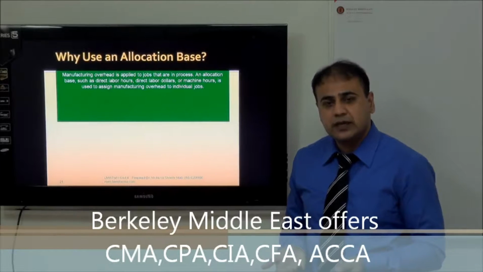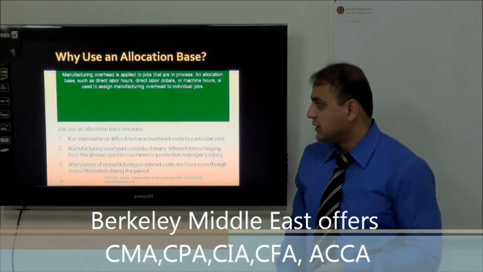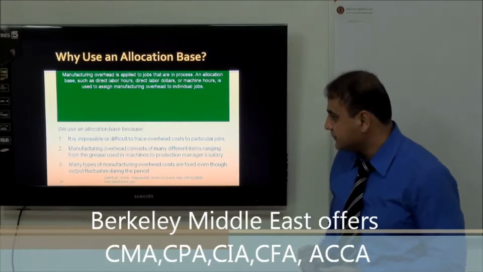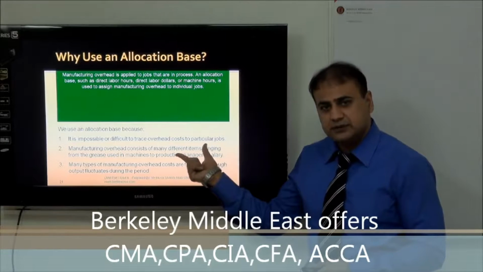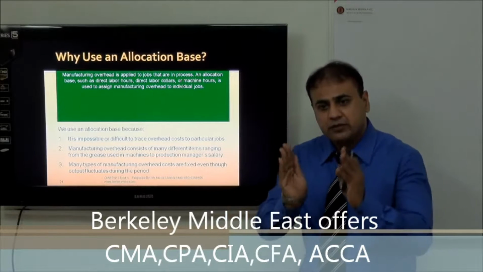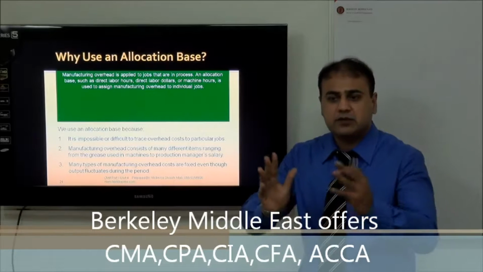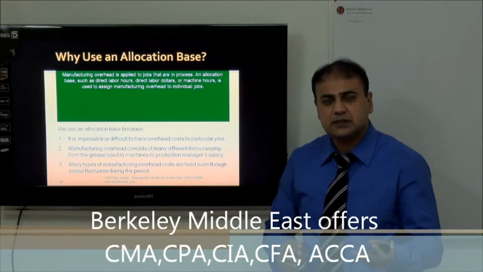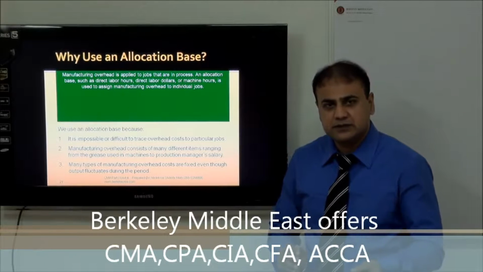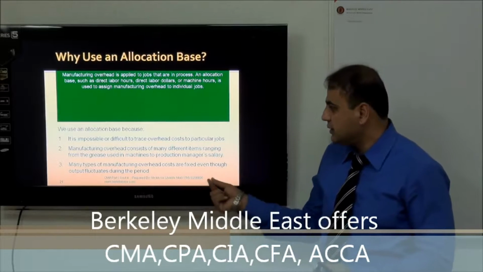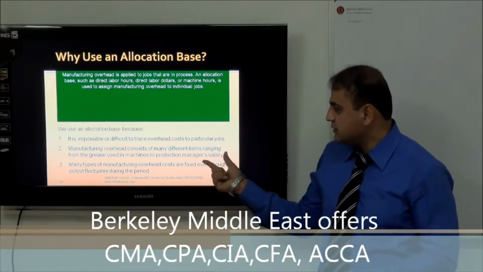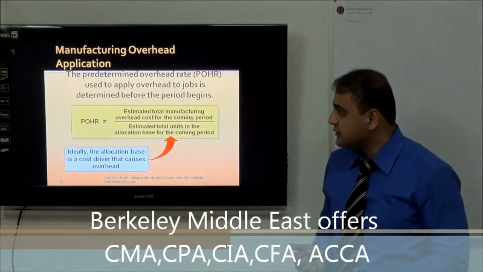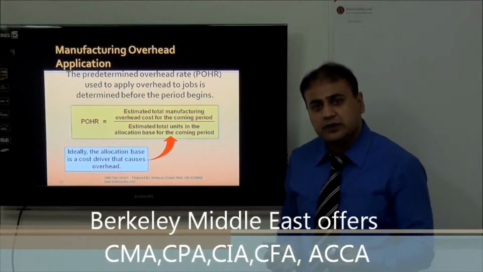How do we apply these overheads? We need to have a predetermined rate based on the situation. It is impossible to give accurate overhead based on our infrastructure, our machinery, depreciation. So many expenses are there, so we cannot allocate on a specific basis. We have to be a little realistic. Manufacturing overhead consists of many different items, and we have to understand how to calculate the predetermined rate.